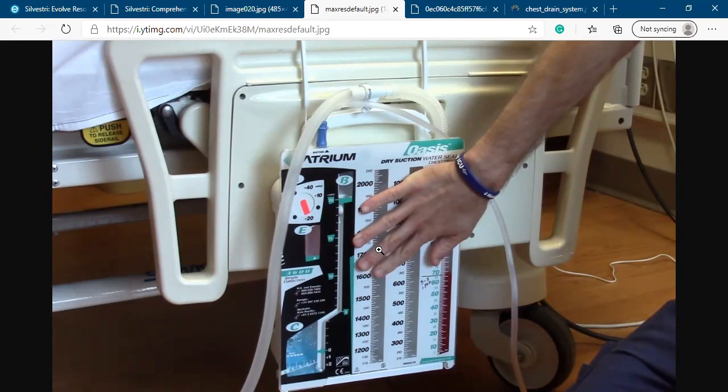So keep in mind, in normal breathing our lungs work on negative pressure. When negative pressure is created inside the lungs, the lungs can work. It is normal body physiology.